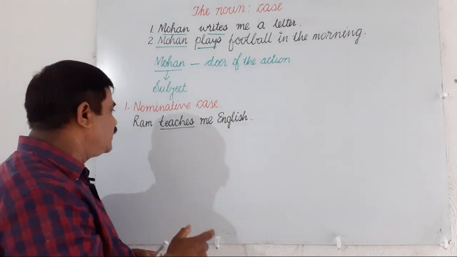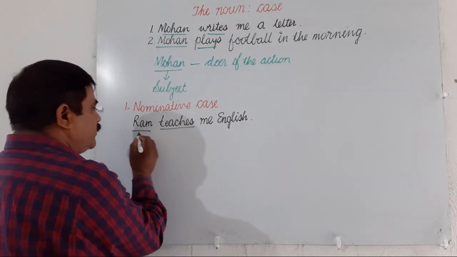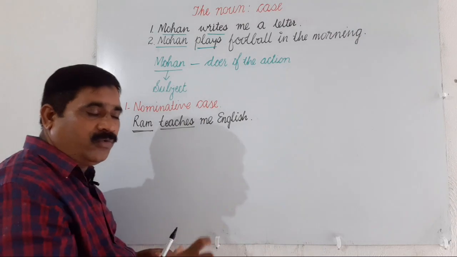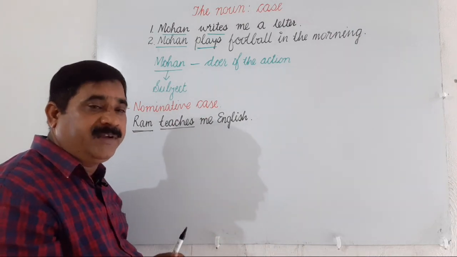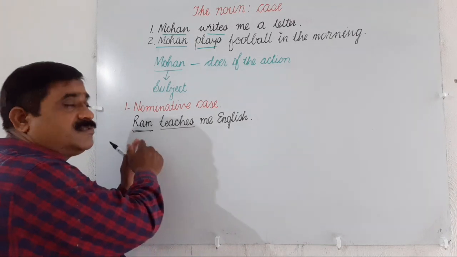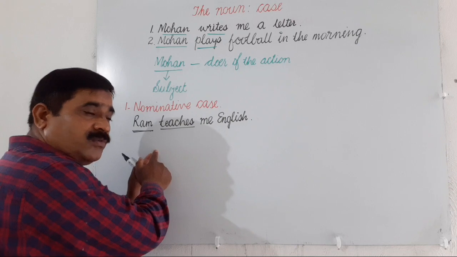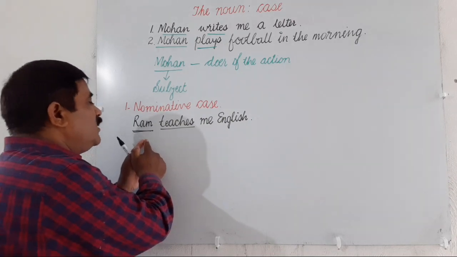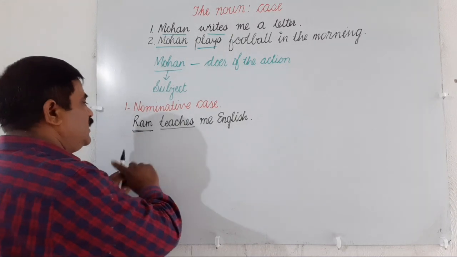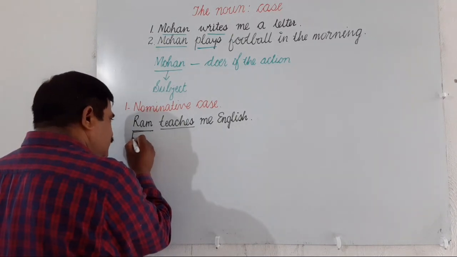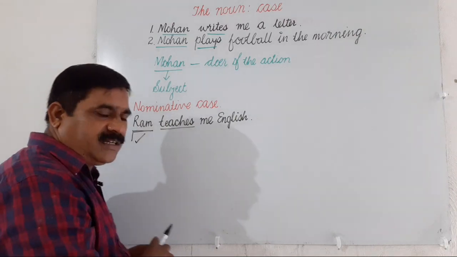And who is the doer of the action? Ram. Ram is a noun and it is used as subject of the sentence. Hence, this is called nominative case.